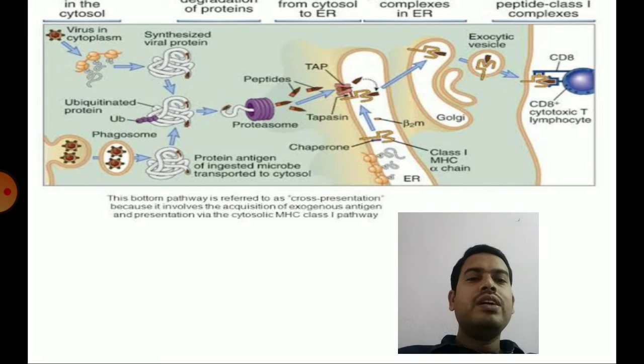So tapasin is a chaperone that plays an important role in assembly of the class 1 MHC molecule and the antigenic peptide, from where the class 1 MHC molecule with antigenic peptide will enter the Golgi complex. From there, as a vesicle, it will be transported onto the transmembrane region. So MHC class 1 now contains the processed antigenic peptide, which it will present to CD8 receptor containing cytotoxic cells. This is how the endogenous antigens are processed by the cytosolic pathway by class 1 MHC molecule.